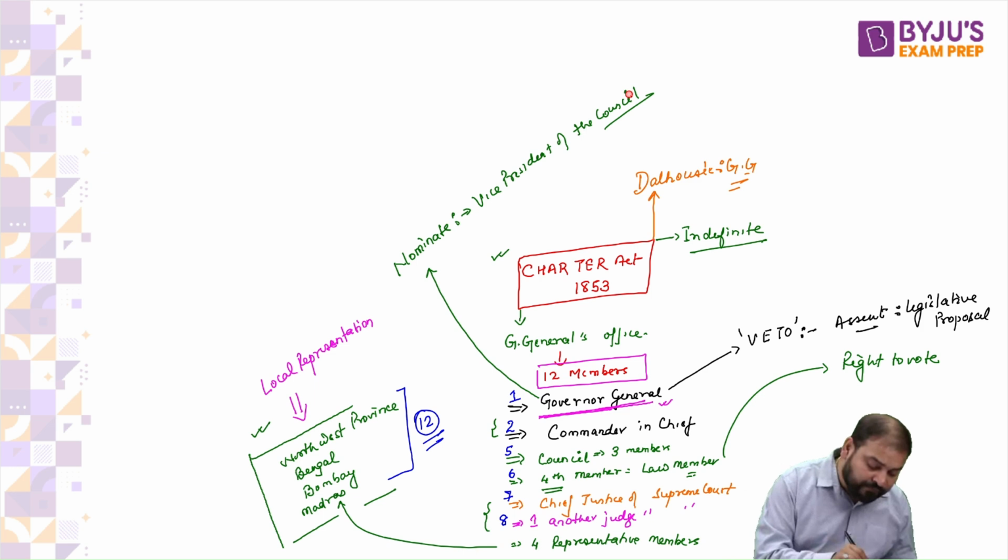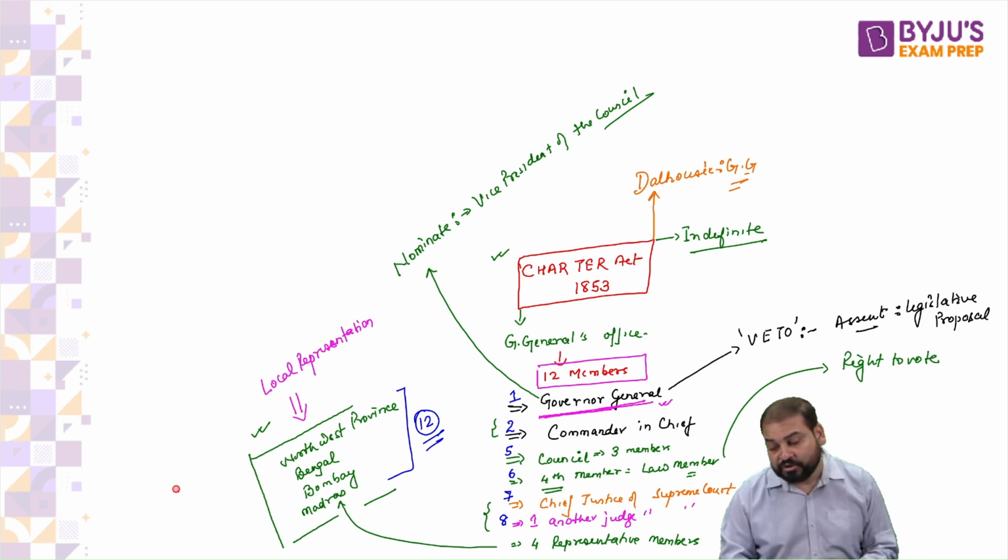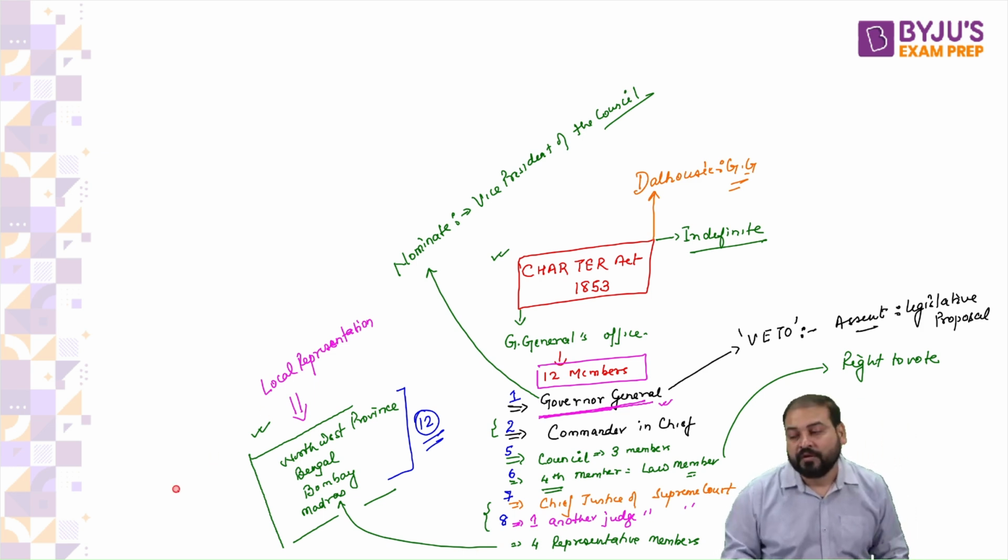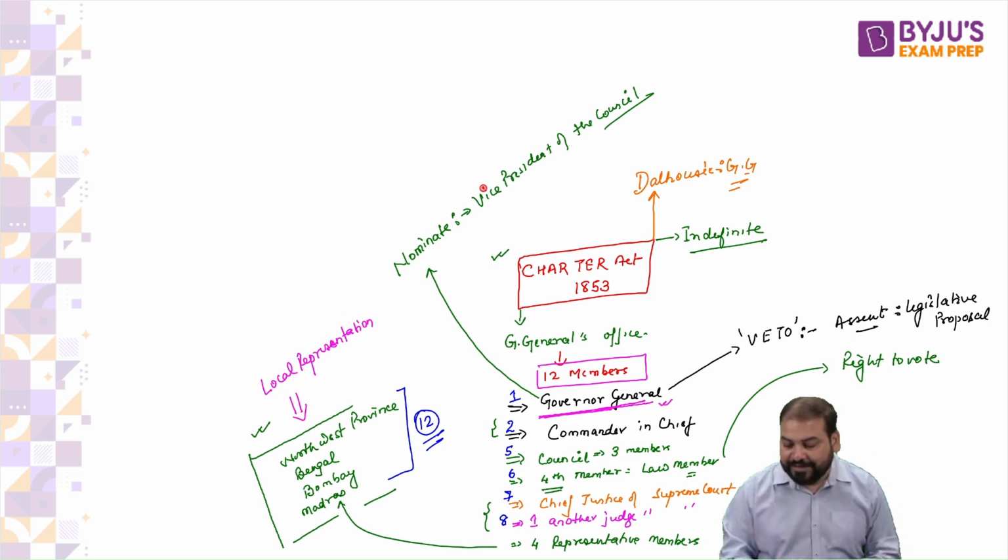Rishika, we have already studied that in GOI Act 1858. Please go back in 9th module. We have studied that. Everyone, is this much clear? Whatever I have written till this point in this slide, who are the 12 members? Local representation, the veto power, the power to nominate vice president of the council.